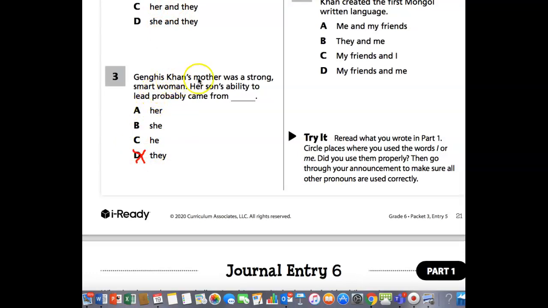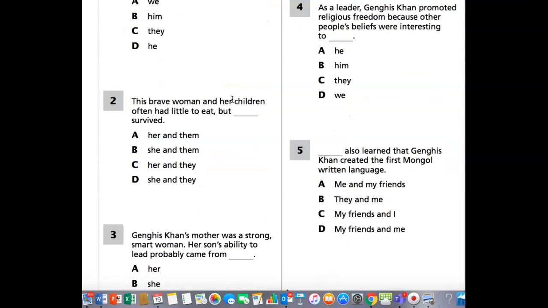We're talking about Genghis Khan's mother, so we can eliminate he because it's a woman. So it's either her or she. Her son's ability to lead probably came from her, probably came from she. Well, that's an object pronoun, so we are going to say her. Okay? All right, let's move on to 4, and I'm going to see if you can do 4 and 5 on your own.